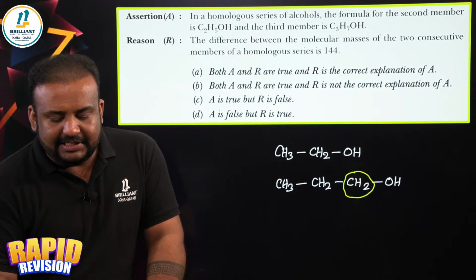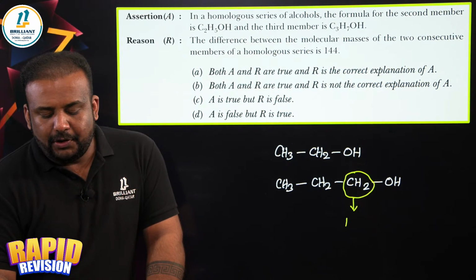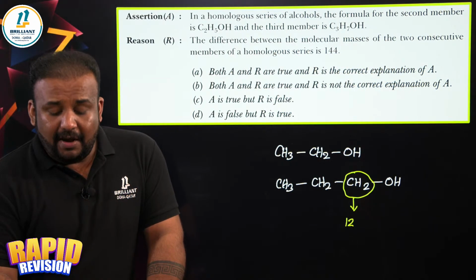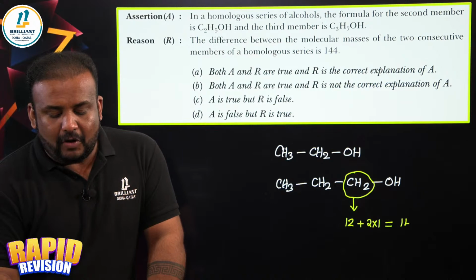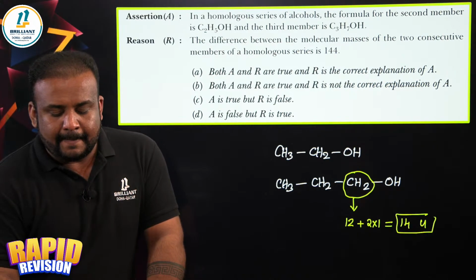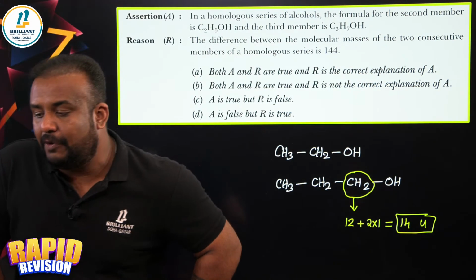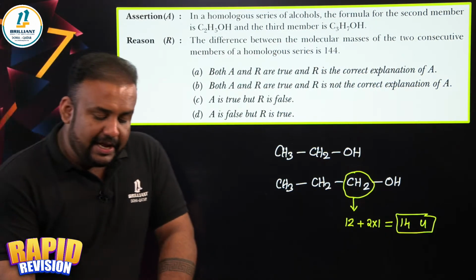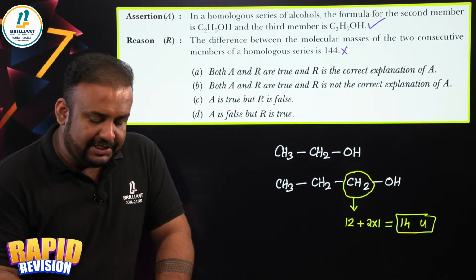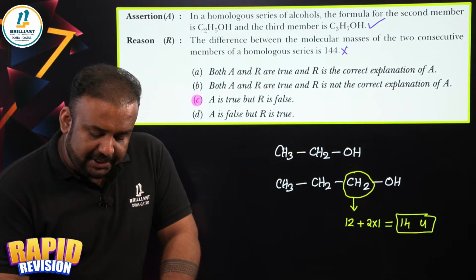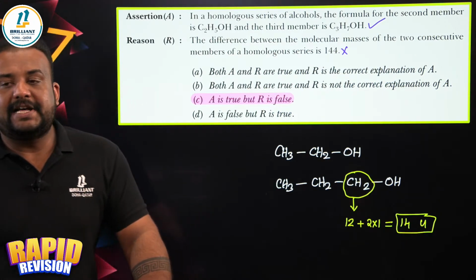Just one additional CH2 group. You know CH2 group has a weight of 12 for carbon and 2 for hydrogen, 1 each. That will be 14 unit mass. It is not 144. It is 14 unit mass. So the reason statement is wrong. Assertion is correct. So it should be option C. Is that clear to everyone?